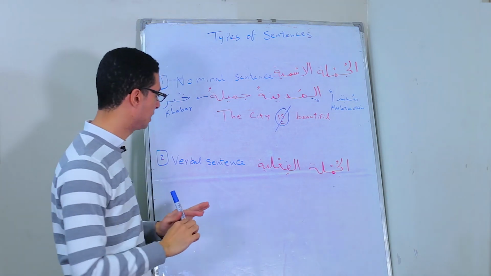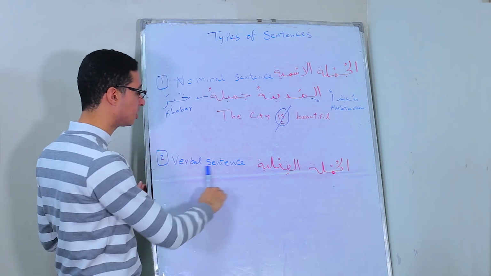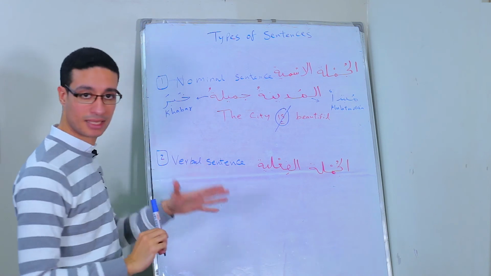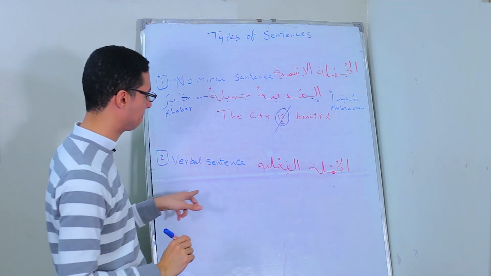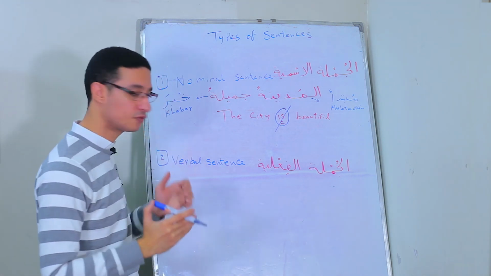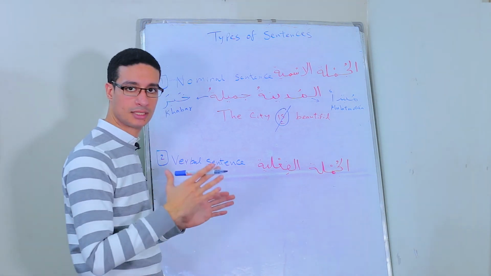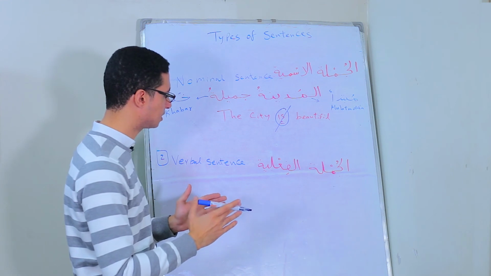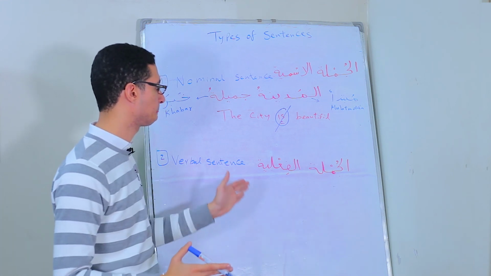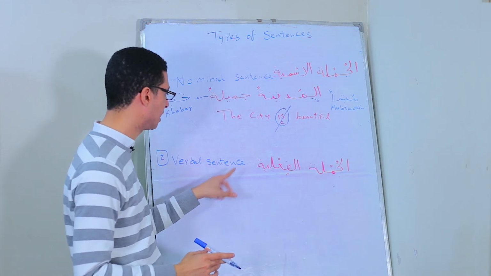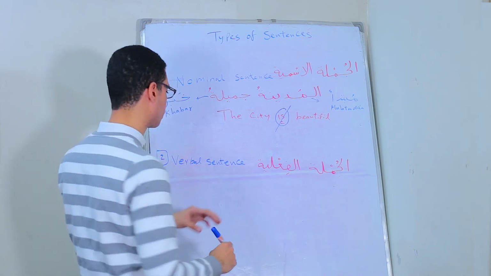The second and last one is the verbal sentence, and it's a little bit strange for English native speakers, because in English there is no sentence that begins with a verb, and here the sentence begins with a verb.